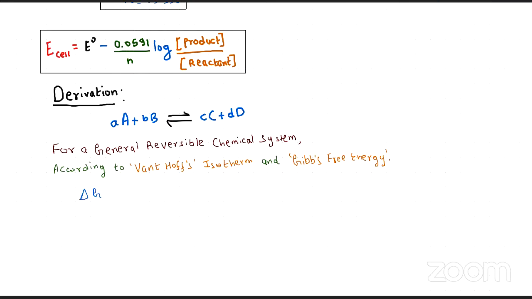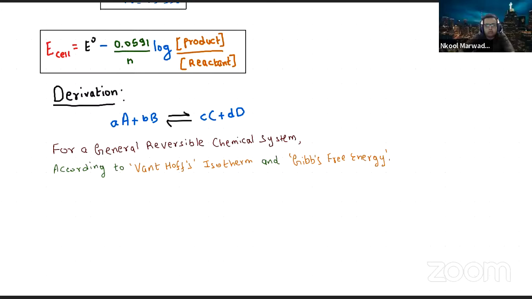Let me write it in bold text. What is delta G?